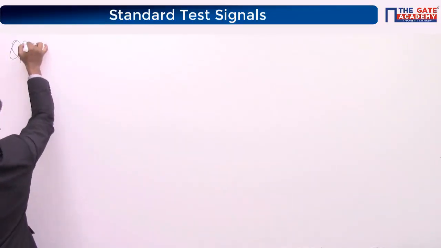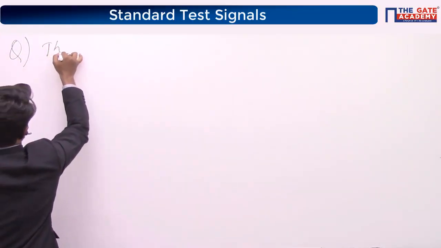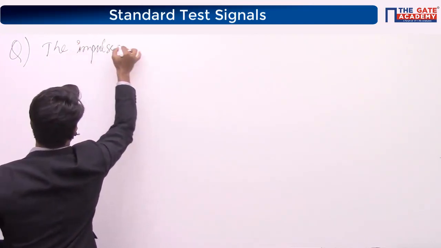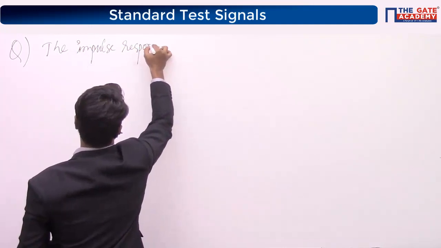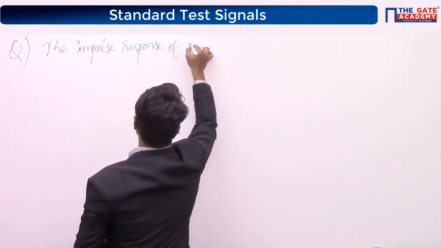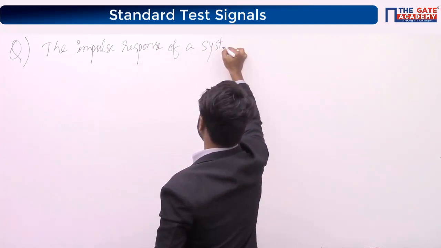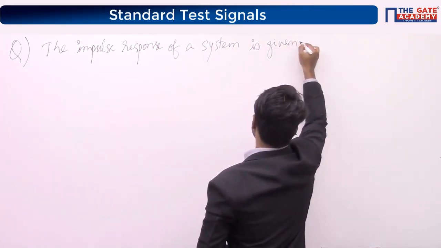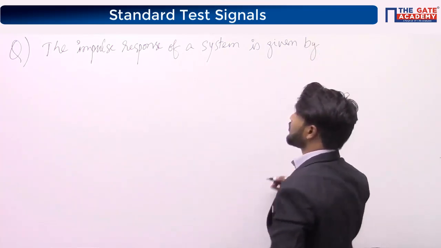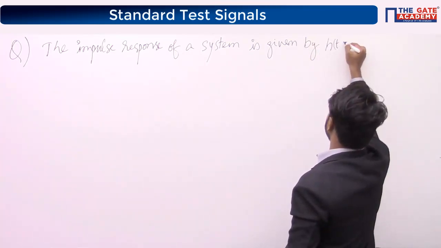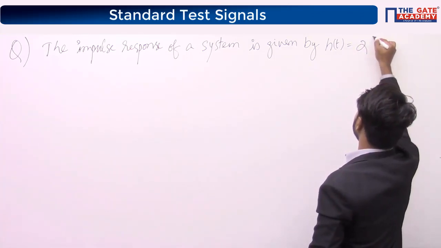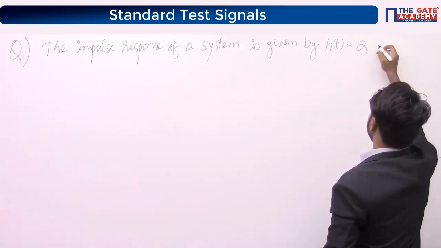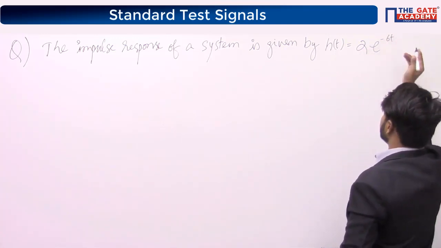The impulse response of a system is given by h of t is equal to 2 into e power minus 6t.